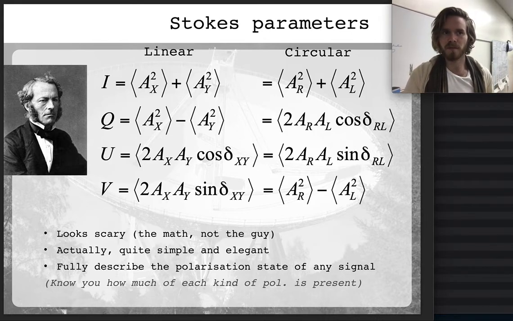Any light wave that you have, you can fully describe all of these components using these 4 parameters. I know they look kind of scary, but they're actually really elegant, and if we go through all of these one by one, I'm confident that you might even like them.